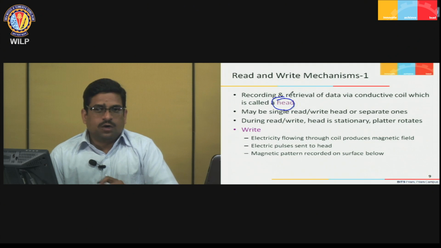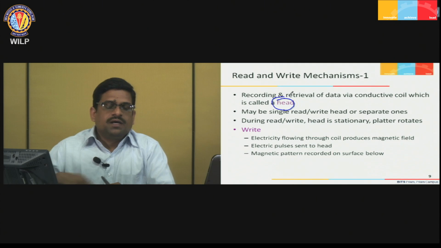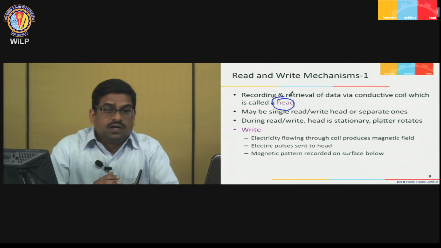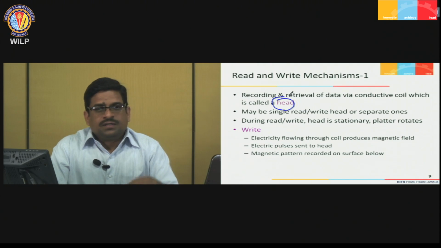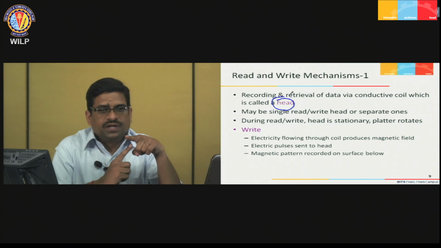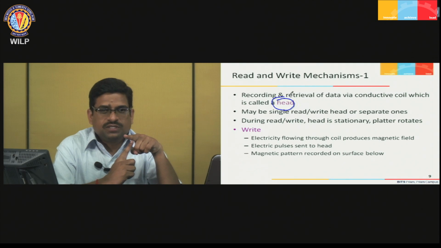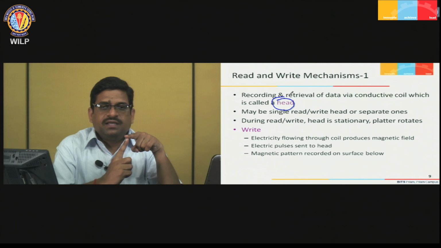It may be a single read write head for the complete disk, or separate heads. Say 1000 tracks are there, for each track you have one head. That is a fixed position over the track, and in that case the head does not have to move.